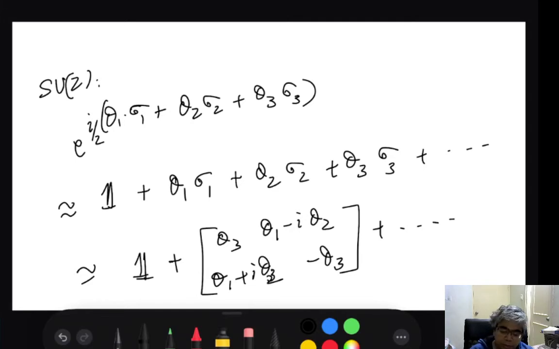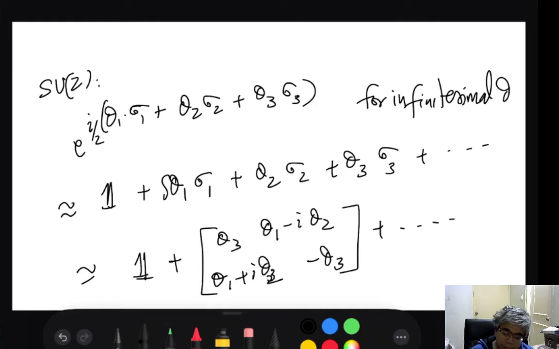So for infinitesimal parameters, let me call these thetas delta 1, delta 2, delta 3, just to distinguish that these are small parameters.